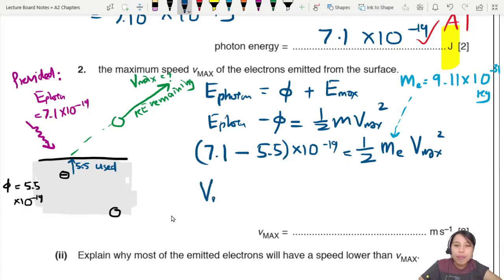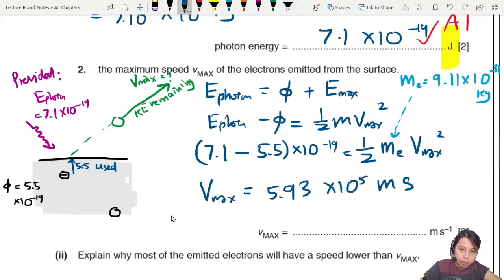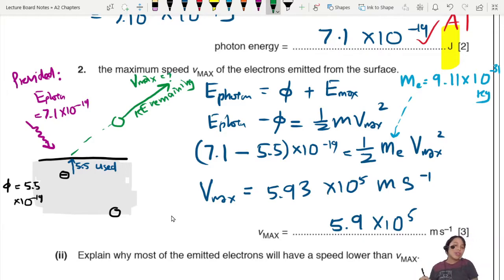You should find a v max of about 5.93 times 10 to the 5 meters per second. I'm going to round it off to 2 s.f., 5.9 times 10 to the 5. This means the fastest electron uses up 5.5 and escapes the surface.